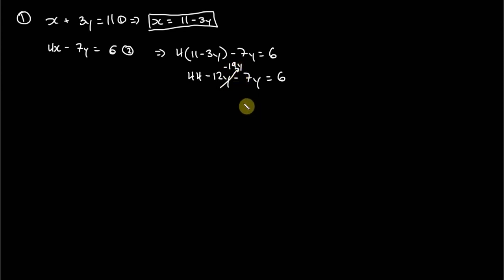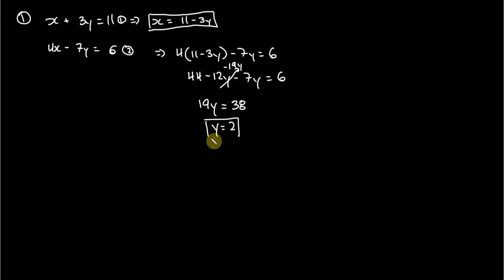And so actually what we can do is add 19y to both sides and subtract 6 from both sides. So what we end up with is 19y equals, and 44 minus 6 is going to be 38. So we have 19y equals 38. Now we just divide by 19 on both sides, and of course that's just going to give us 2. So we have now y equals 2.